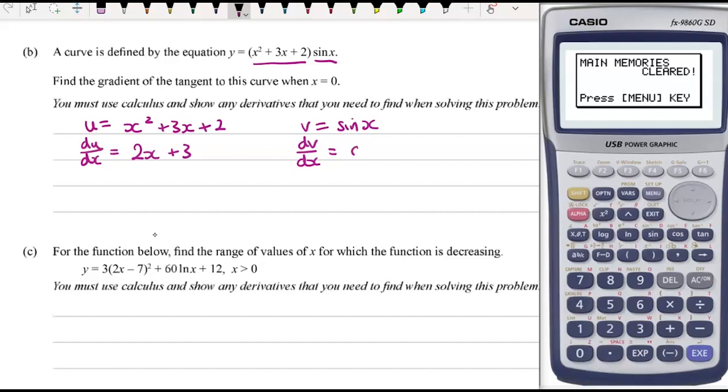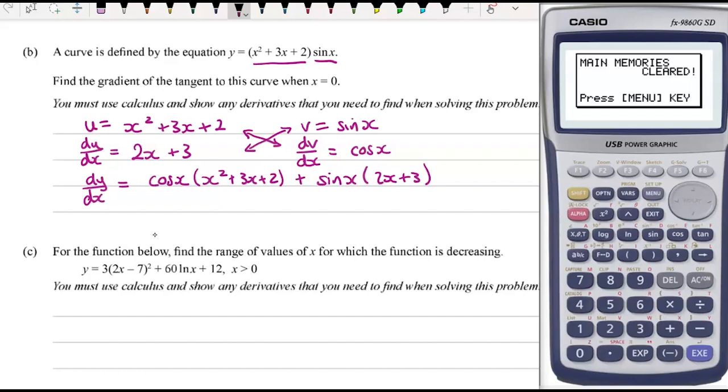If you differentiate sine, you get cos x. dy by dx then is u times dv by dx, so cos x, x squared plus 3x plus 2, plus v times du by dx, so sine x, 2x plus 3. And then you just need to check that you have answered the question, which is to find the gradient of the tangent when x equals 0.